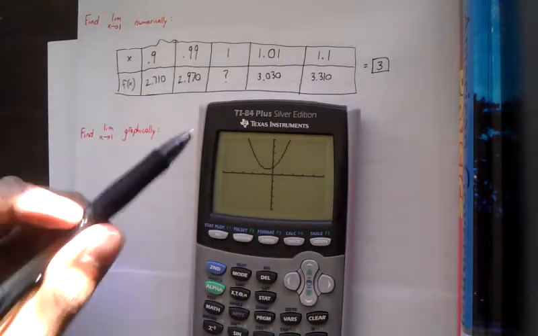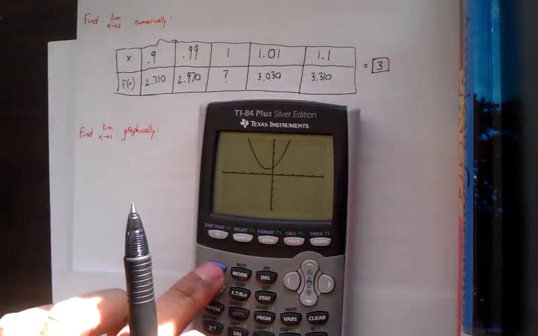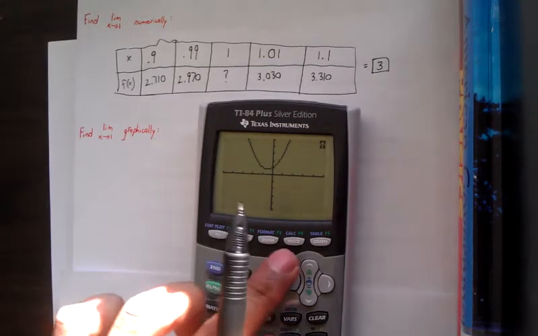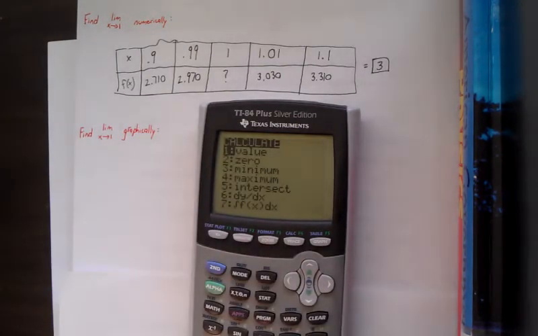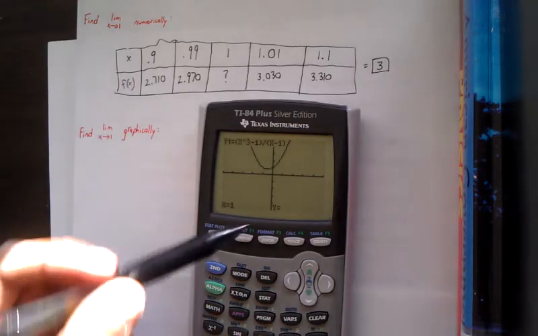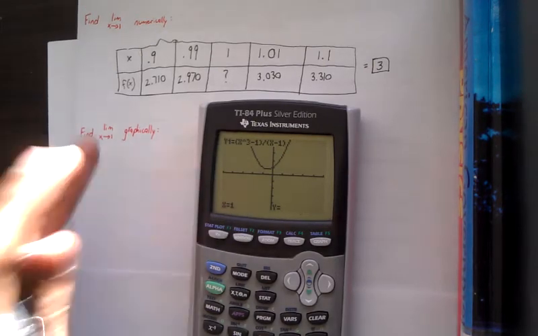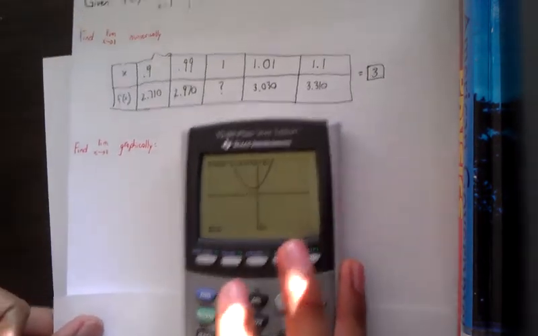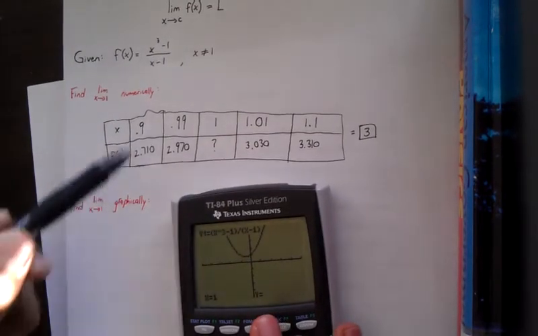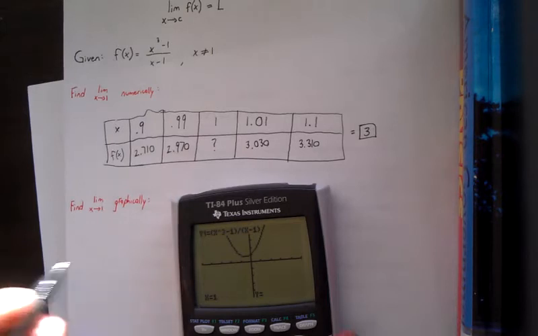Graph it, and you can see that it's a parabola, and if I try to calculate the value at 1, there's going to be no y value coming up, because remember that we said earlier that this function is going to be undefined at 1.